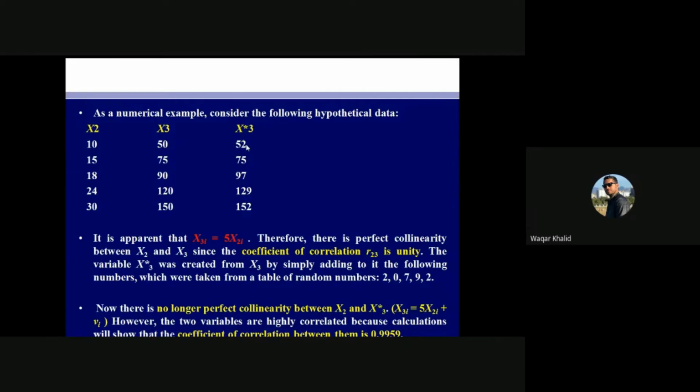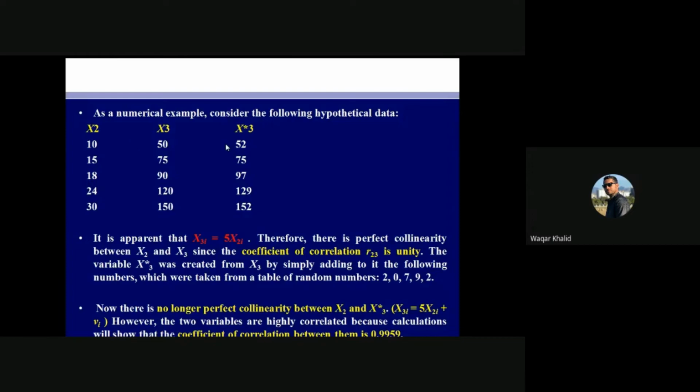Now look, this value has changed. If this value has changed by a large amount, it means that now there is no exact linear relationship between x star 3 and x2. It is very clear because I have added a large amount to x3. Now x star 3 is 62.